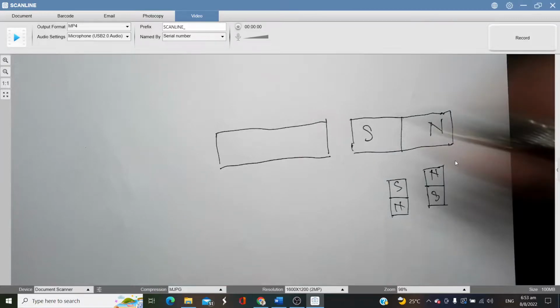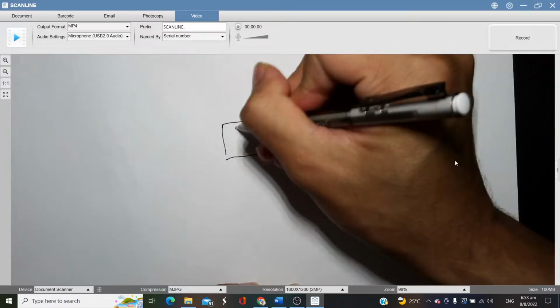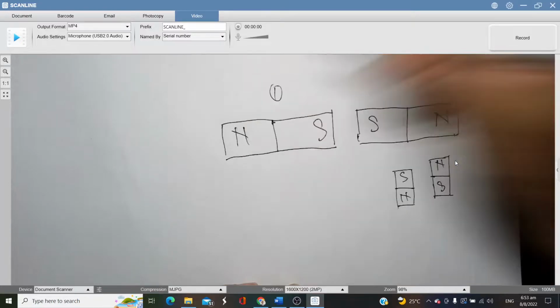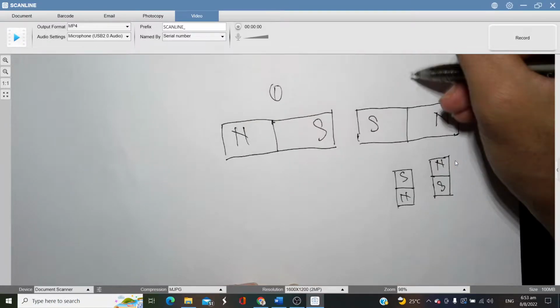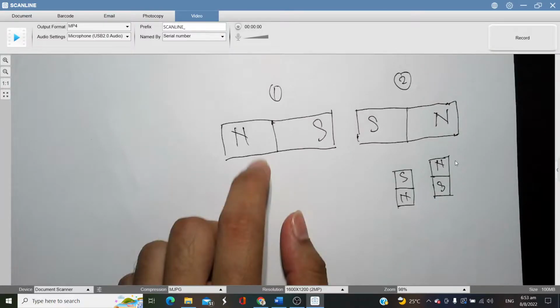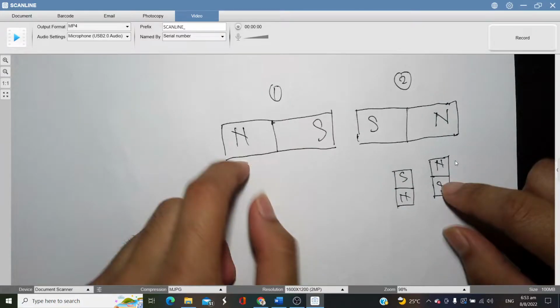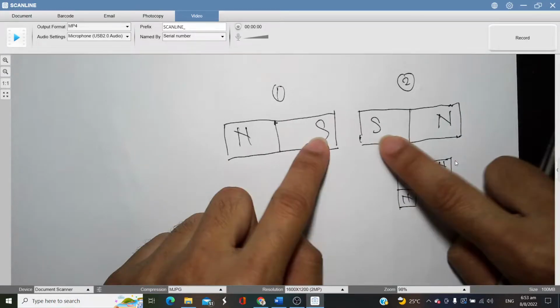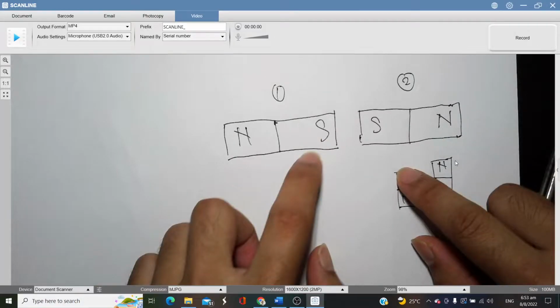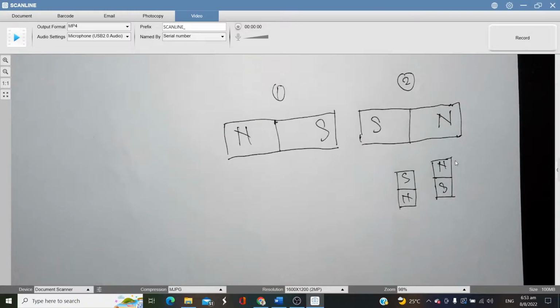Let's say we have two magnets here. This is magnet number one, this is magnet number two. I put this magnet like this, south facing the south. Can you guess what happened?